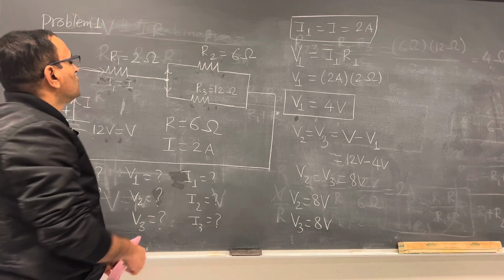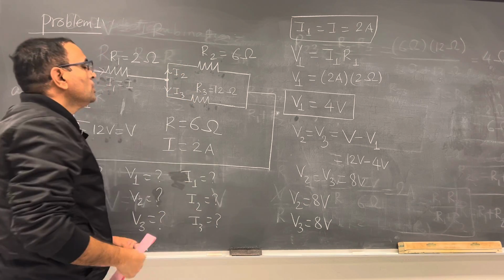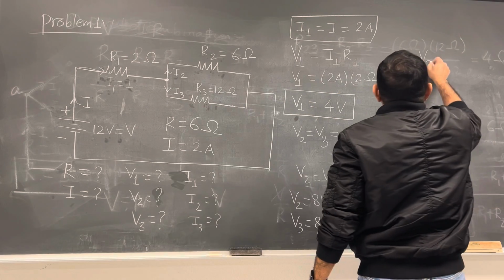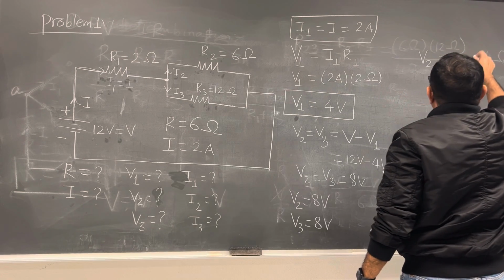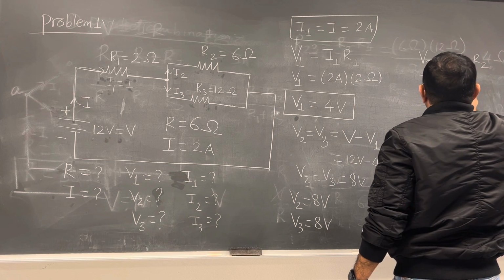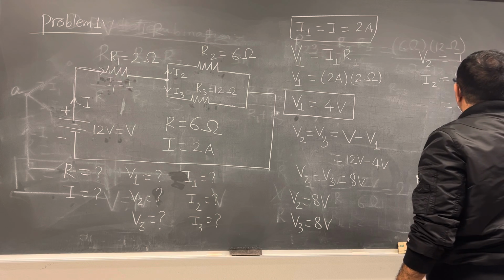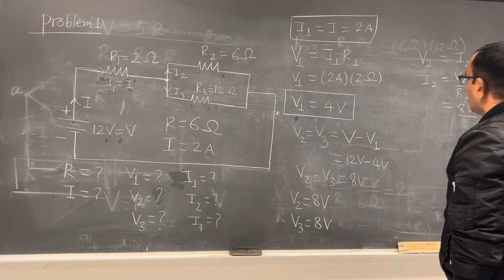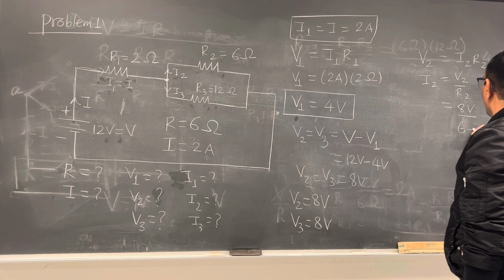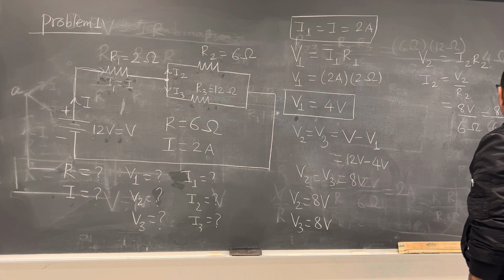Now we want to calculate I2 and I3. We already know the potential difference here. So I can use this formula, V2 equals I2 R2. So what is I2 then? I2 is V2 divided by R2. So V2 is 8 volt and R2 is 6 ohm. So it is 8 divided by 6 ampere.